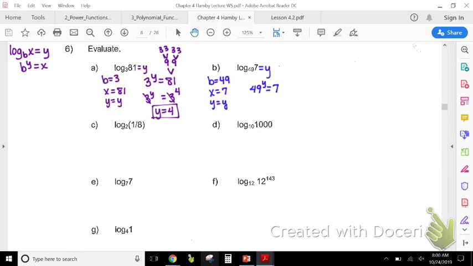All right, so 49 is my bigger number, the bigger base. So can I make 49 into a base of 7, the smaller one? Yeah, 49 is 7 to the what? Squared. But then we still have that y on the outside, so it equals 7.